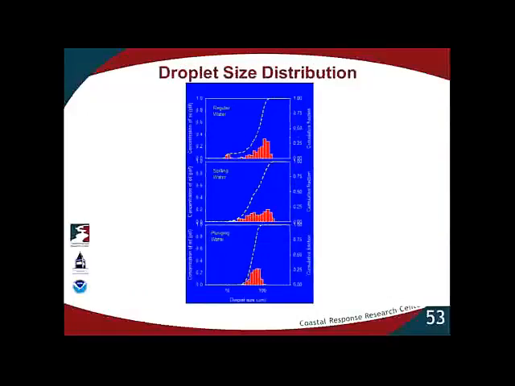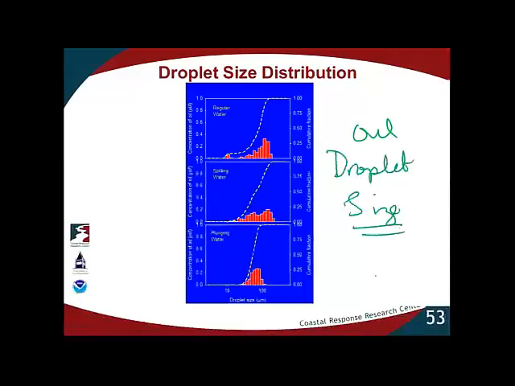Okay, now, remember what I said, that droplet size is the key, right? Droplet size is key, the oil droplet size. So what these guys did is they measured the size distribution of the droplets. All right? This is the regular wave.